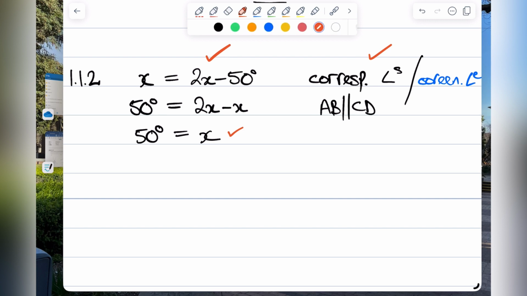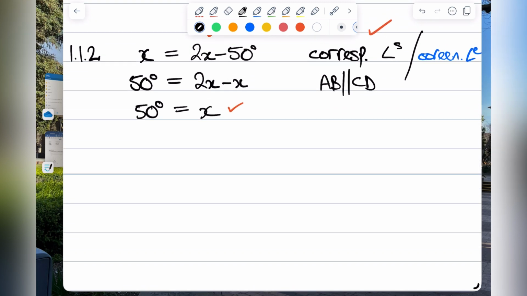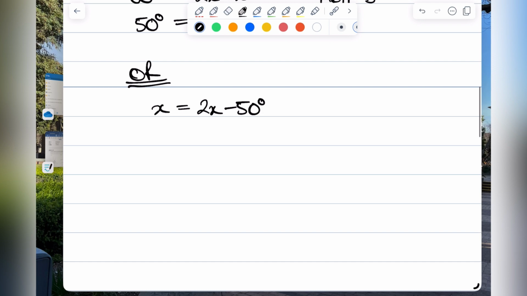Just for the sake of clarity, let's just look at that equation again if we had to solve it differently. So let's say we started off saying x is equal to 2x minus 50 degrees. And let's say you want to keep with the convention of solving from left to right. So I will then subtract 2x from both sides.